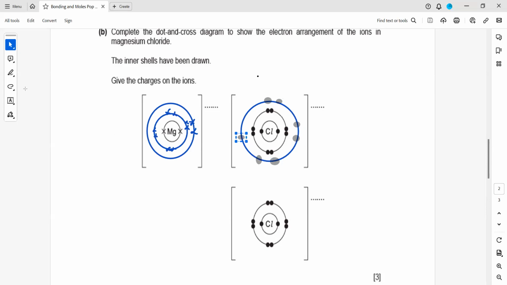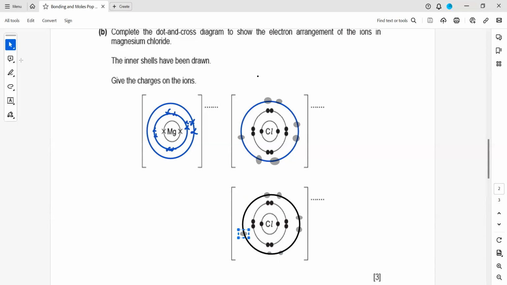And the same thing for the other chlorine. It will have 7 electrons, which are 1, 2, 3, 4, 5, 6, and 7.